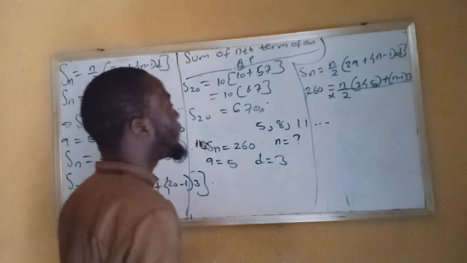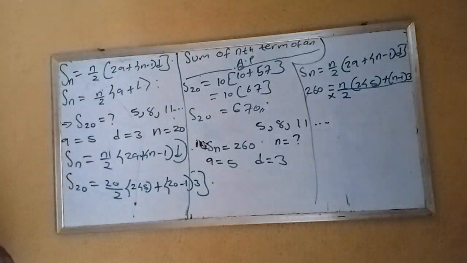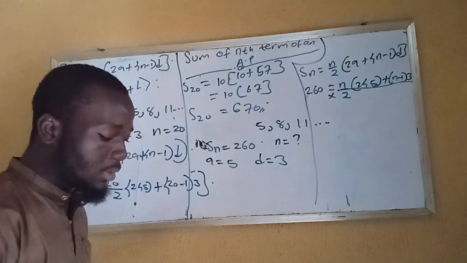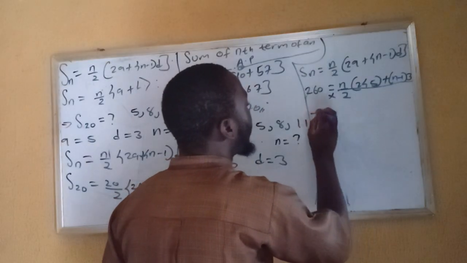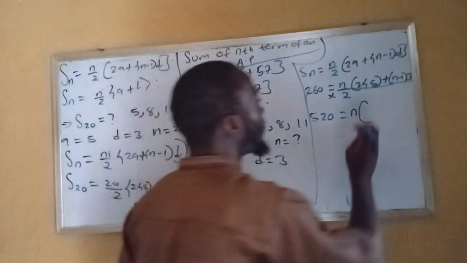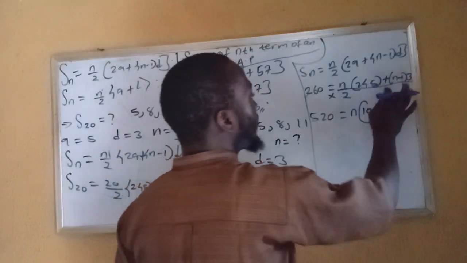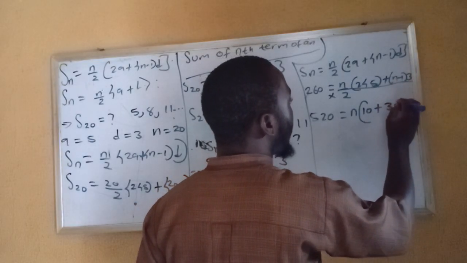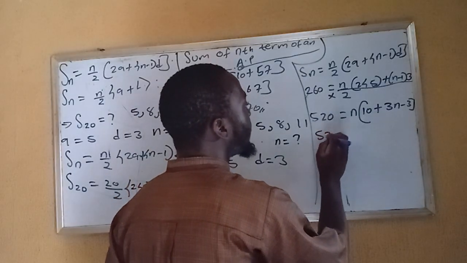So now we have 2 times 260, which gives us 520. 520 is equal to n into bracket 2 times 5, which is 10, plus n minus 1 times 3, which is 3n minus 3.